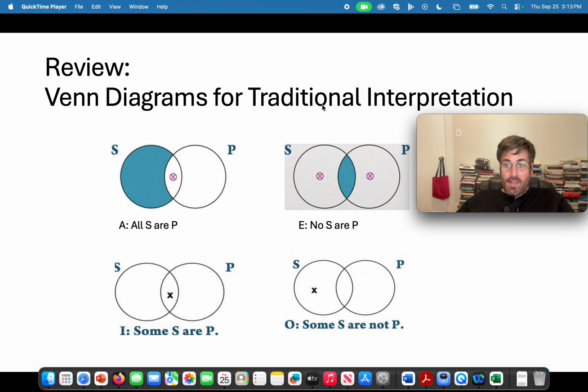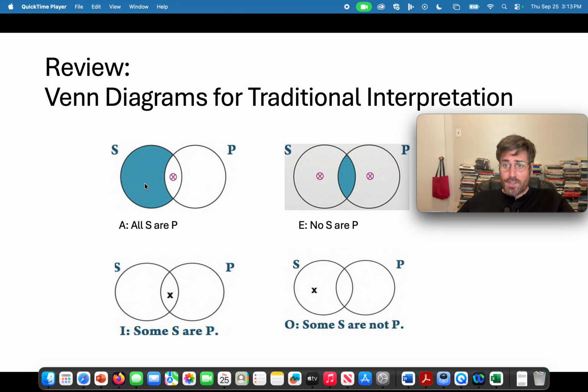And to designate the existence of the universals, we are going to use in our Venn diagrams a circled X to denote the reality, as it were, the existence of at least one member of the universal class.